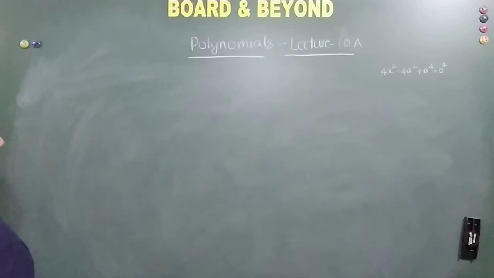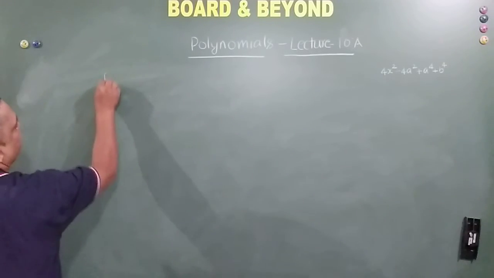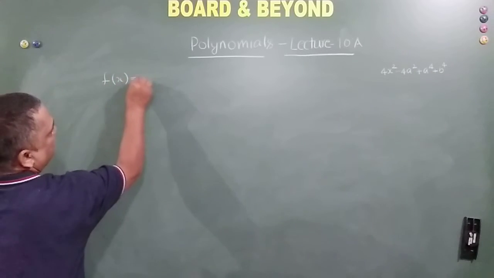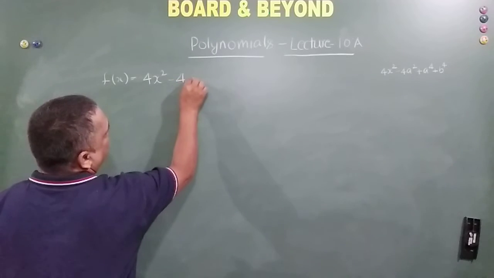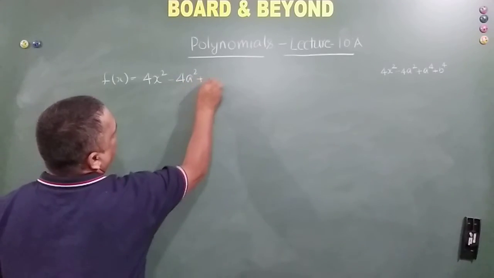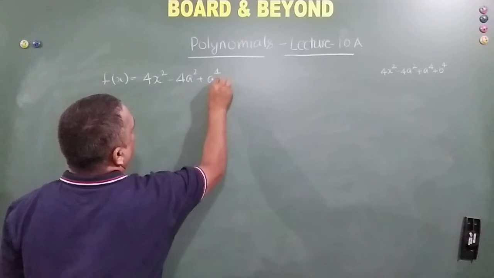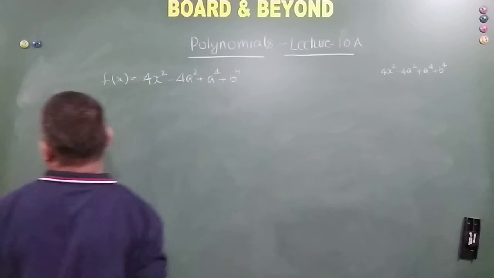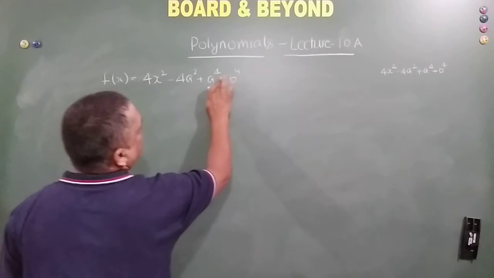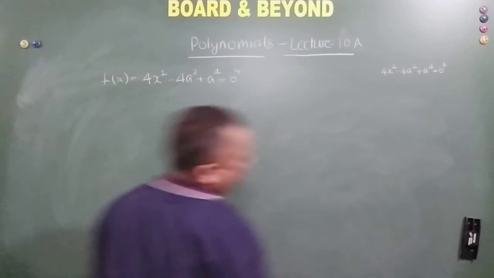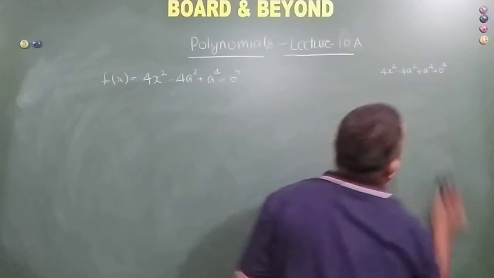For that, f of x is equal to 4x square, and just to save time, I had written it out, with b square.